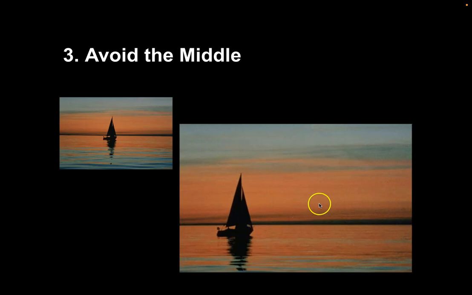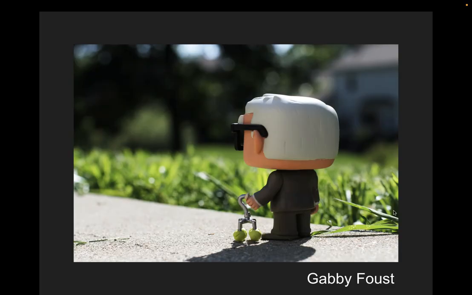The reason for that is our brain just kind of reads it as static and not quite as exciting if it's just right in the middle. Now, you might not think this particular photo is super exciting anyways, but it makes it more interesting to have it asymmetrically balanced, where you have this on one side balanced by this larger open space on the other.